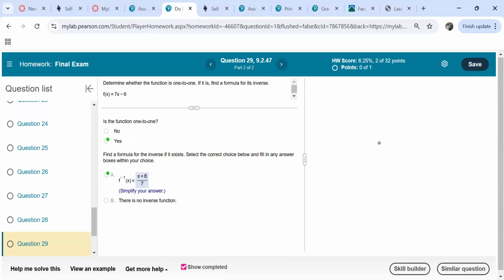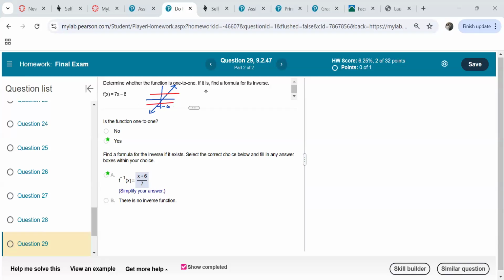Now, if we're looking for inverse functions, what we need to do is first determine if the function is one-to-one. So if we graph this function, it's going to be a line that looks like this. So it passes the horizontal line test.